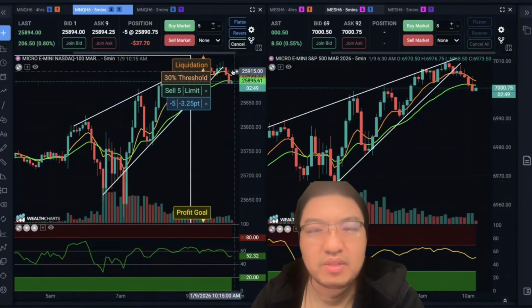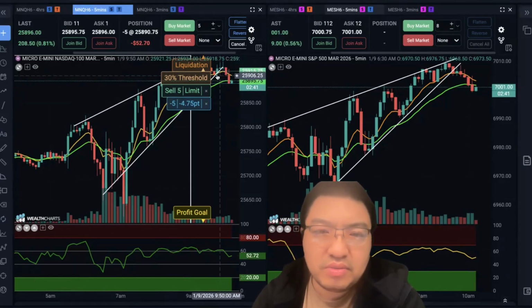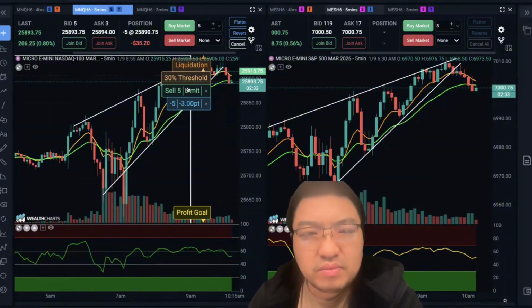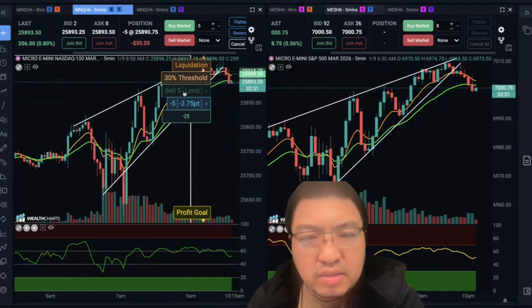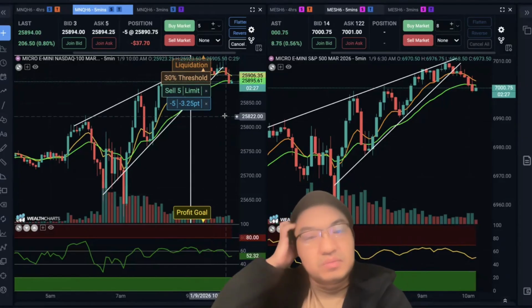It could probably retest to here, somewhere here, because this is a previous support. Or maybe here. I don't know. Maybe I should be more conservative at the EMA line. Okay, EMA line. And this is a support here.